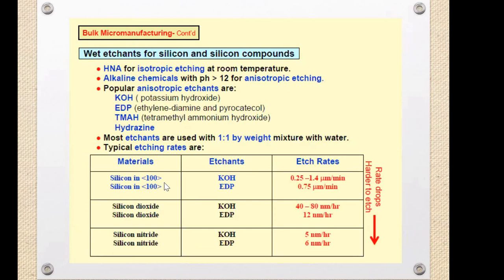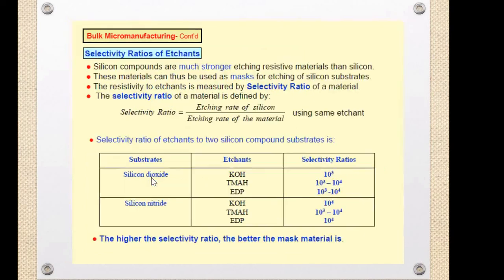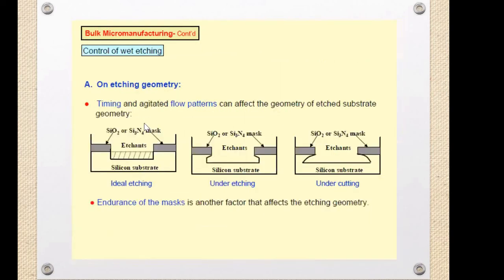We can compare which has the fastest rate and which has the slower rate. The sensitivity of the agent can be calculated using this formula. It's not of much importance for this class.